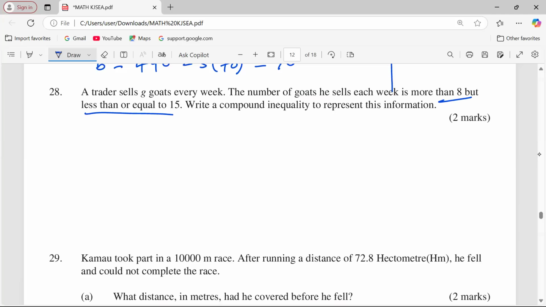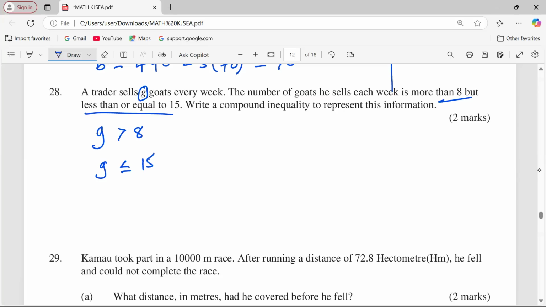So the number of goats can be let to be G according to the instructions here. This number of goats is more than 8, so G is greater than 8. Then we are also saying the same number is less than or equal to 15. So 8 and 15 are the limits for the number of goats sold.